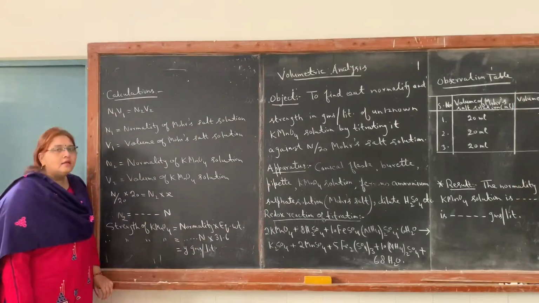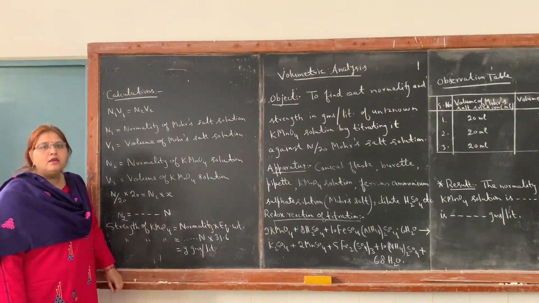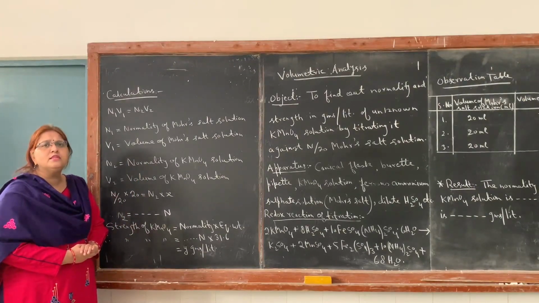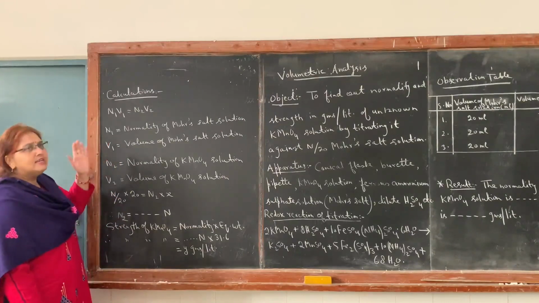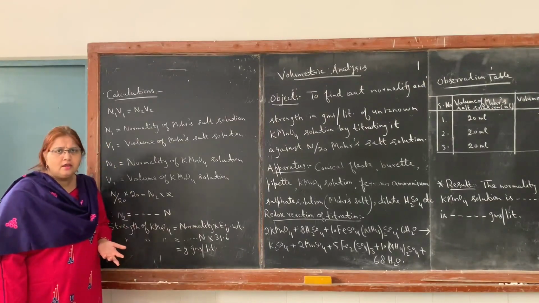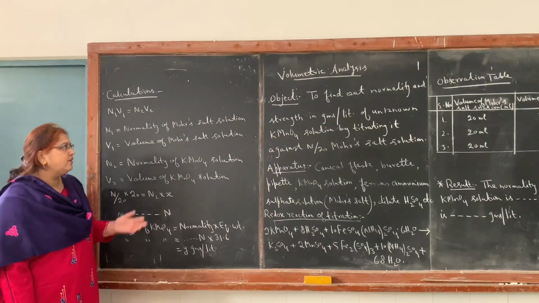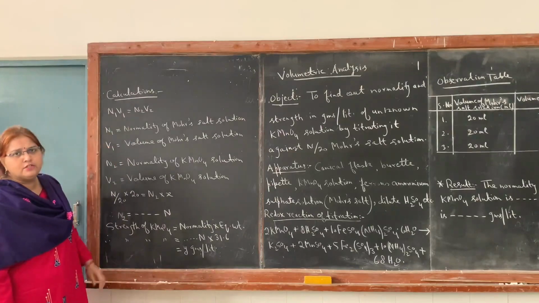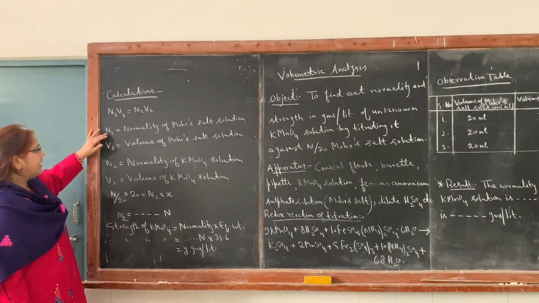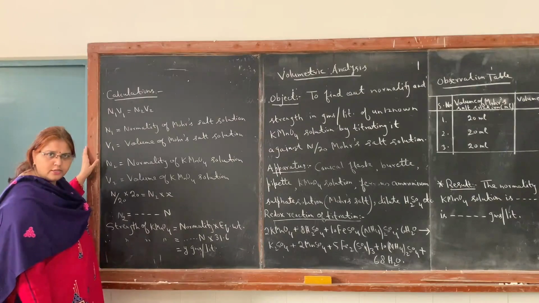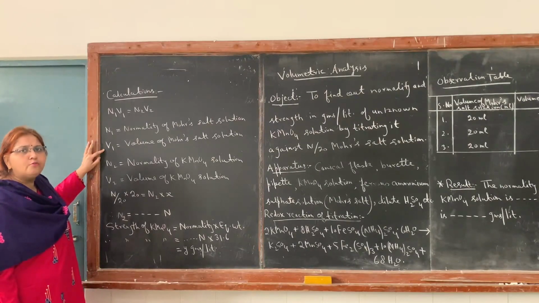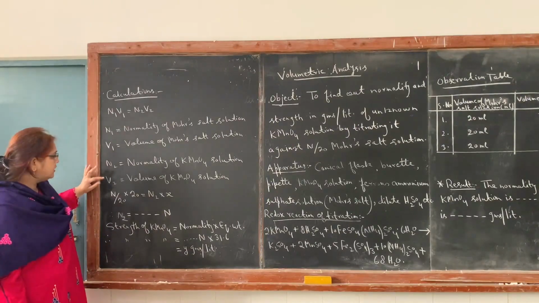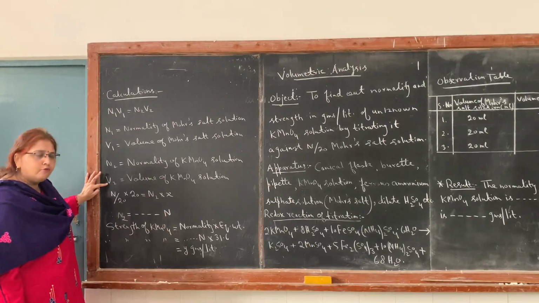Now coming to the calculation. Whenever we do a titration experiment, we use the normality equation. In some cases we can use the molarity equation, but here we are using the normality equation, the formula N1V1 = N2V2, where N1 is the normality of Mohr's salt solution, V1 is the volume of Mohr's salt solution, N2 is the normality of KMnO4 solution, and V2 is the volume of KMnO4 solution.